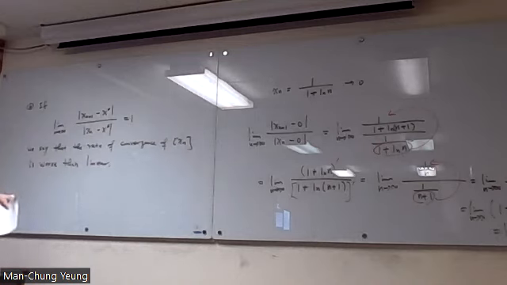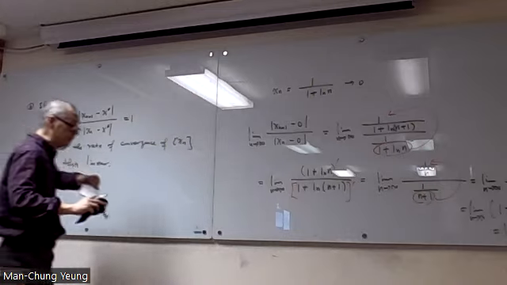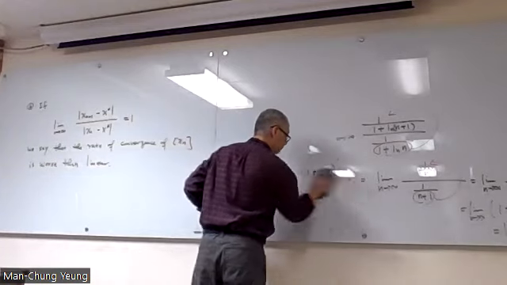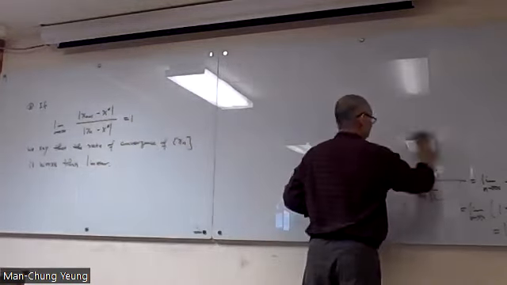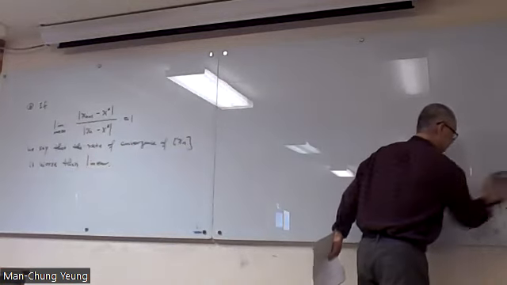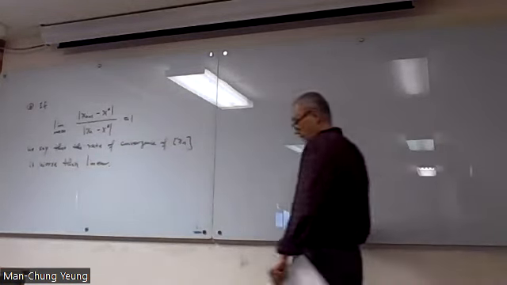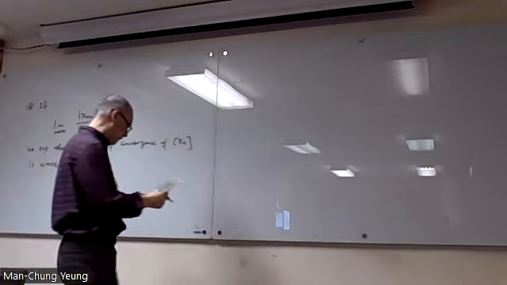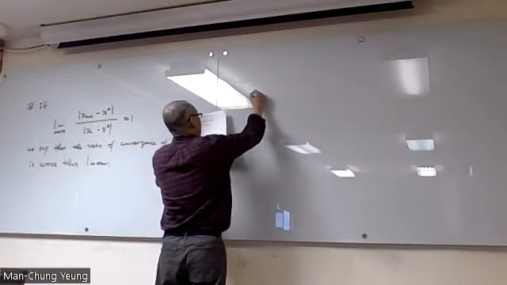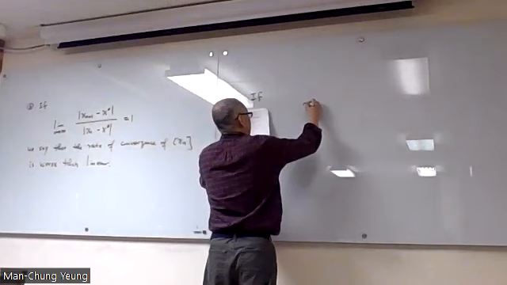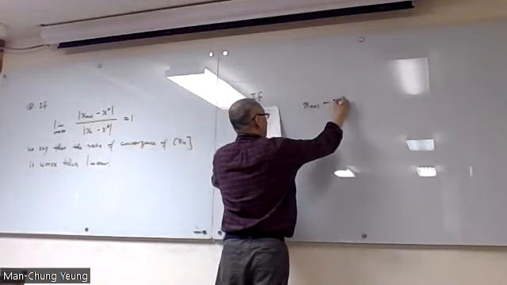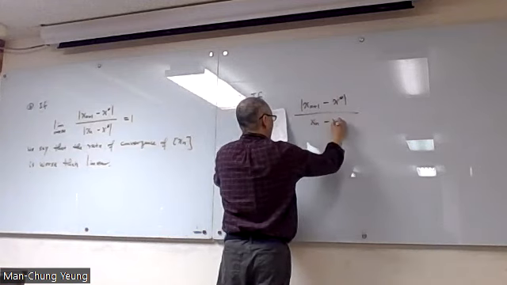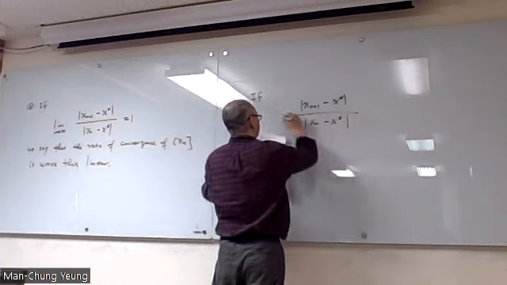Then definition C. This is definition B, now definition C. If |x_{n+1} minus x star| over |x_n minus x star|, take the limit.